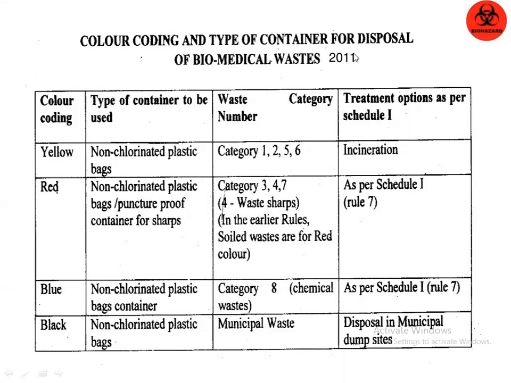Color coding and type of container for disposal of biomedical waste. Which type of container do they use? According to color coding given here, what type of container is to be used?